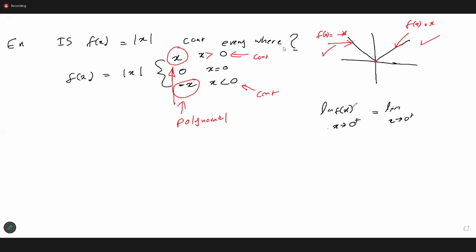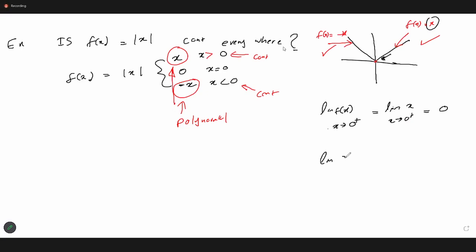What can you choose? The limit of f(x) when x approaches 0 from the positive side means in this sense you have to choose f(x) as x, right? So this one, you know, is going to 0.